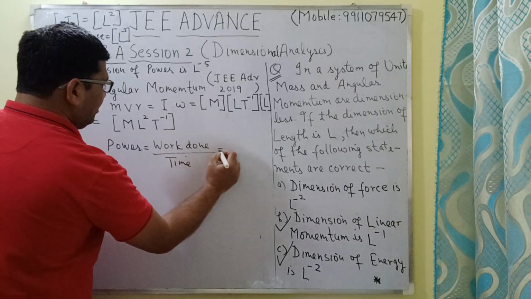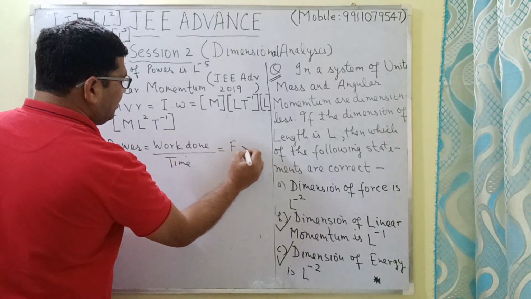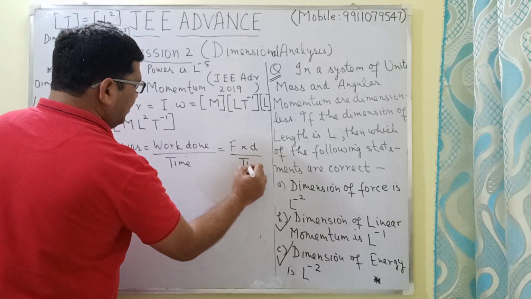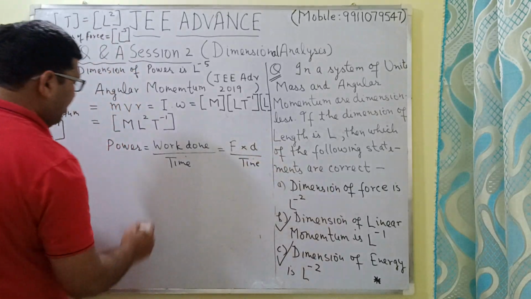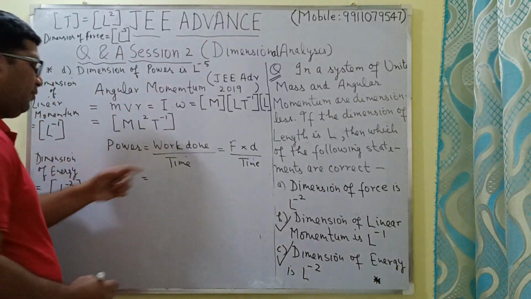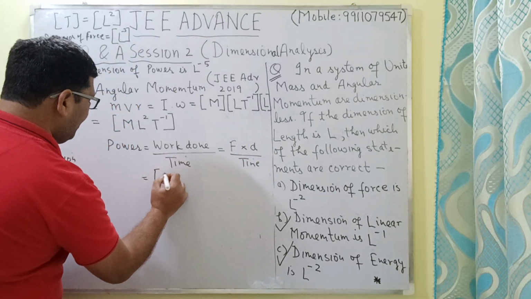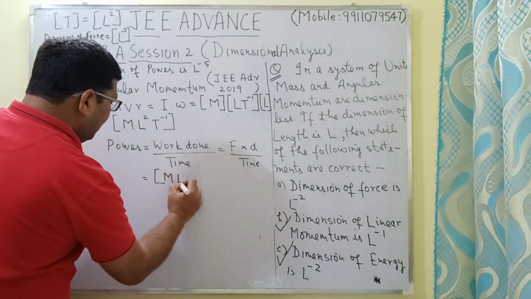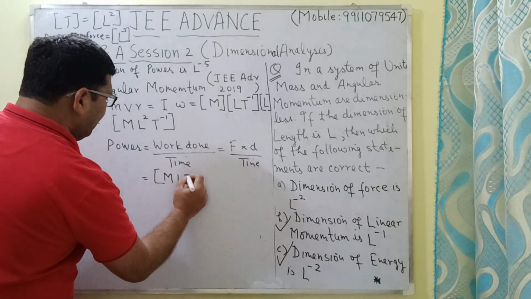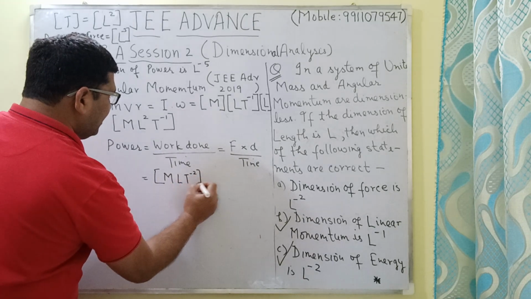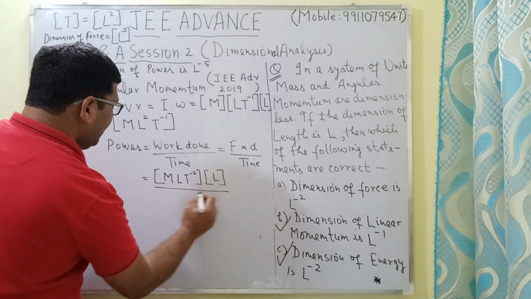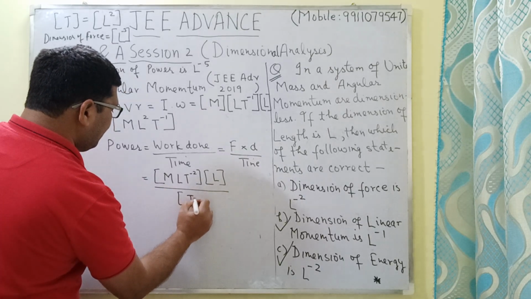Now work done is equal to force into displacement, divided by time. So the dimension of force: force is equal to mass into acceleration. So M L T minus 2. The dimension of displacement is L, and divided by the dimension of time.